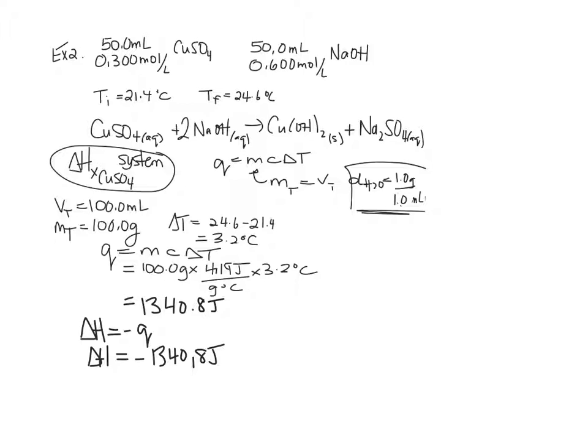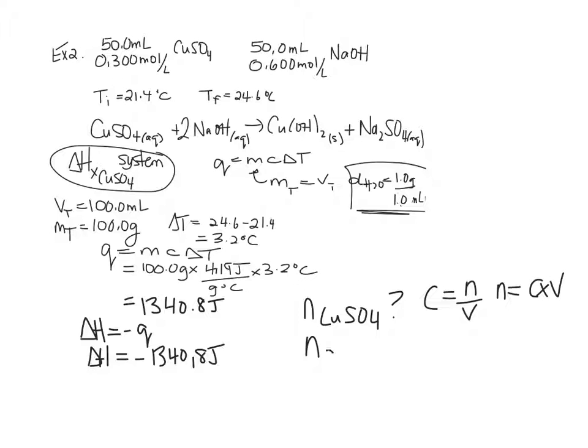Now, in order to solve for delta HX, we also need the number of moles. And it is moles of copper 2 sulfate, because that's what the question asked us to find. So we need moles of CuSO4. Concentration is moles divided by volume. So moles is concentration times volume. We know the volume, we know the concentration.